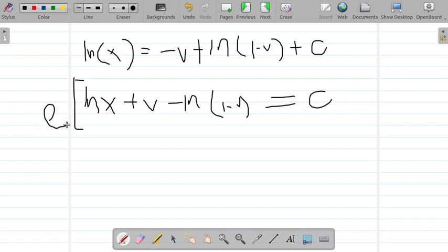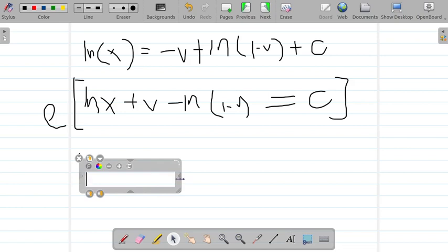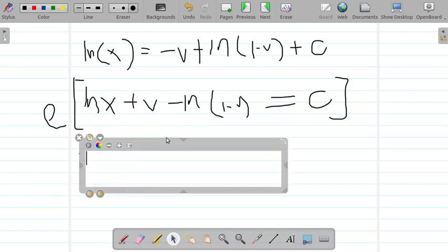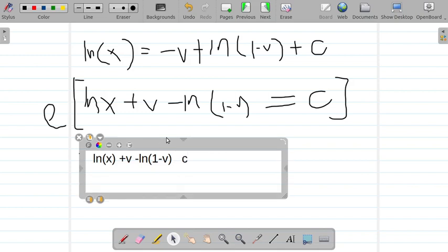We can set ln of x plus v minus ln of 1 minus v equals c, and we can raise this to the power of e. Then c can raise to the power of e.